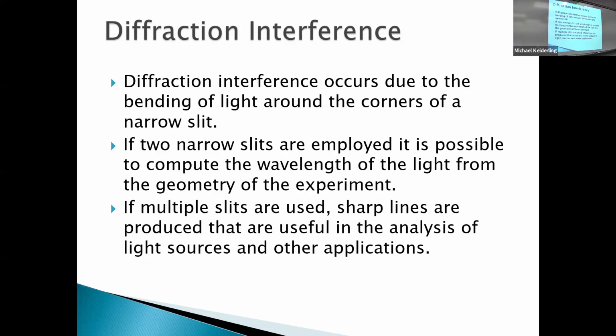But I could turn the light off here. This is the bluish purple pattern. You can see they're spaced closely together. With green, they're spaced like that. And with red, they're further apart.